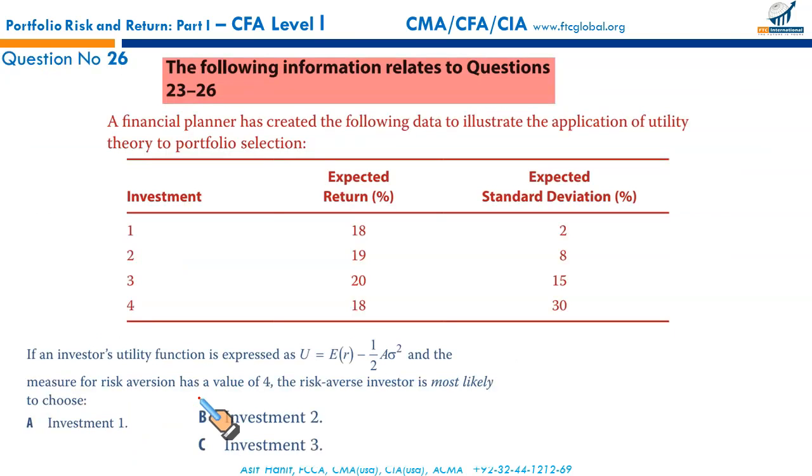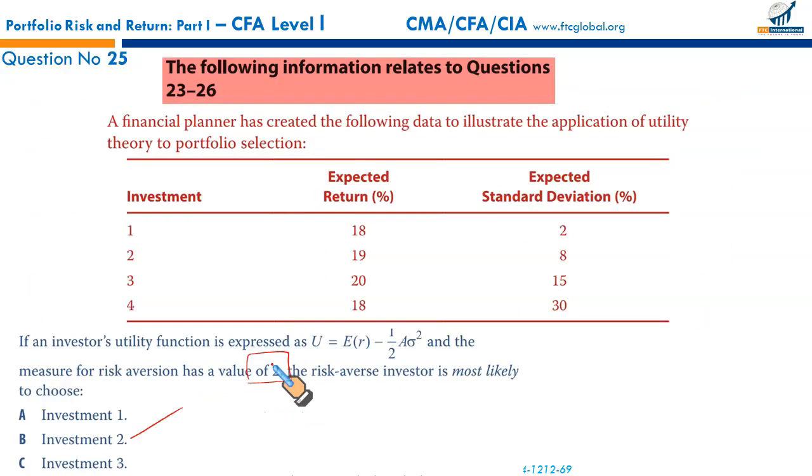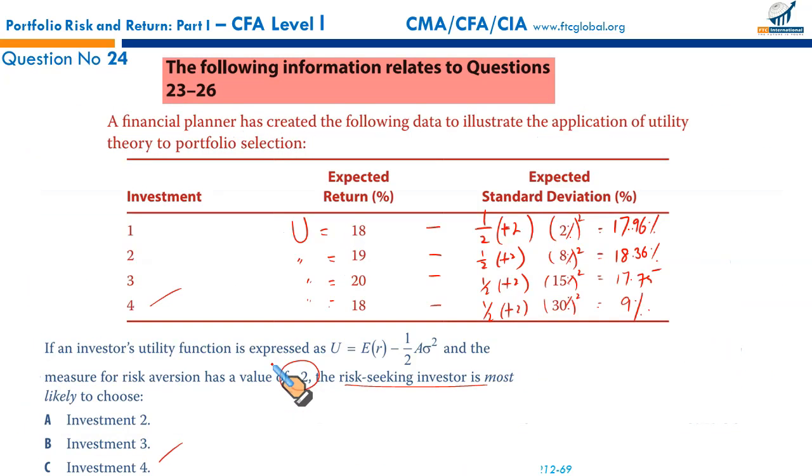Now, here it says that what if the risk aversion has a value of positive 4? So we'll use the same layout. Here we'll just simply replace 2 with 4. 4, 4, 4, and 4. Everything else is the same. And now we will simplify, and for the first investment, utility comes out to be 17.92%.